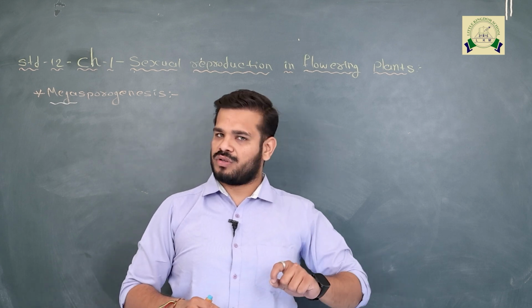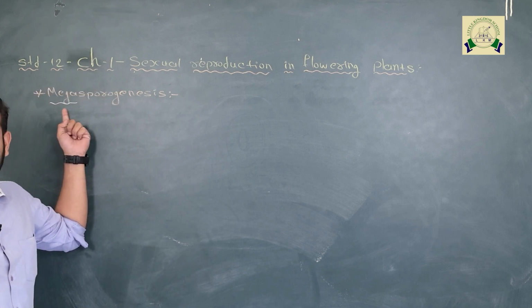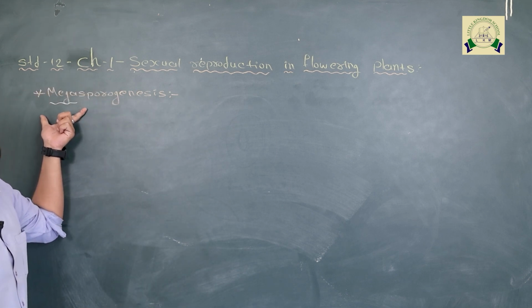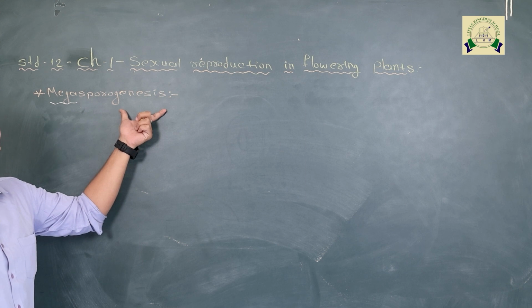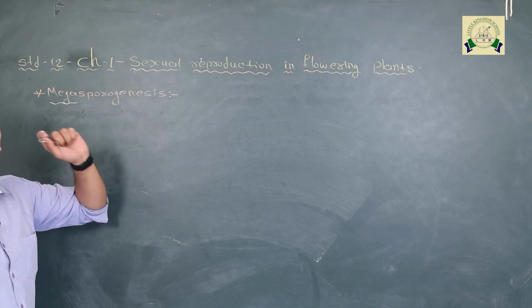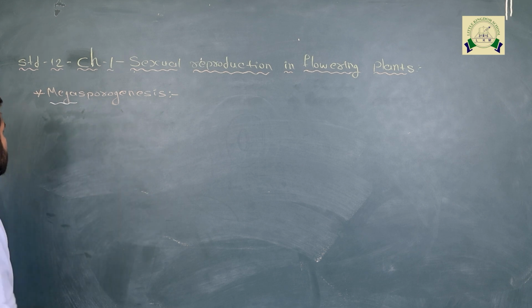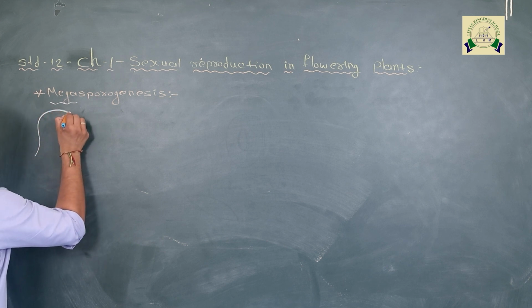Right now we are talking about the female reproductive structure, so we use megasporogenesis. A megaspore is a structure which is going to develop the female gamete in future, and genesis means production. So the process of production of megaspores is called megasporogenesis.